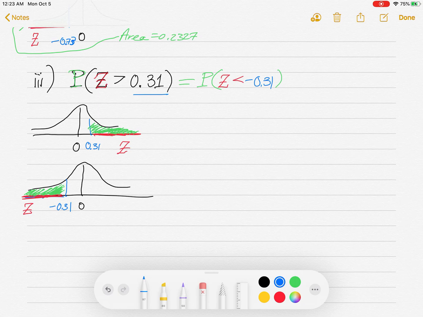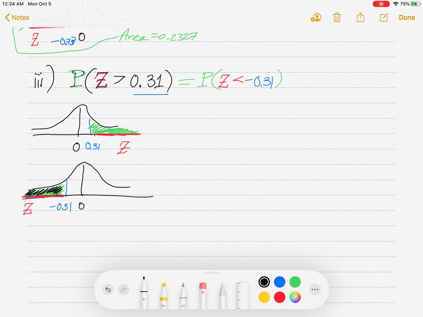What have we done? We've basically flipped the inequality and changed the sign. That's all justified by the second picture we drew.